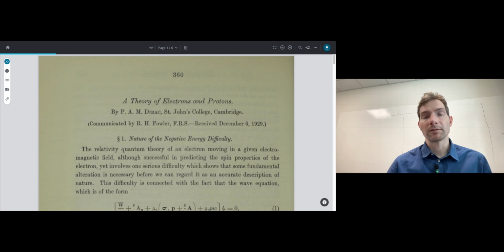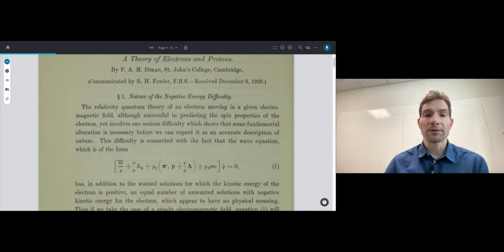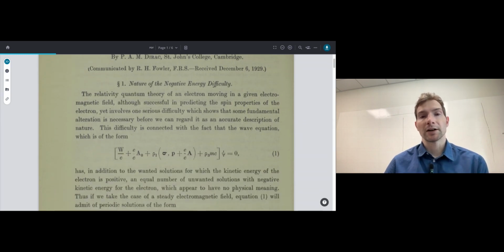So the title of the paper is A Theory of Electrons and Protons. It was submitted by Paul Dirac and published in 1929. In the first part of the paper, on the nature of the negative energy difficulty, Dirac essentially tries to put forward his equation.